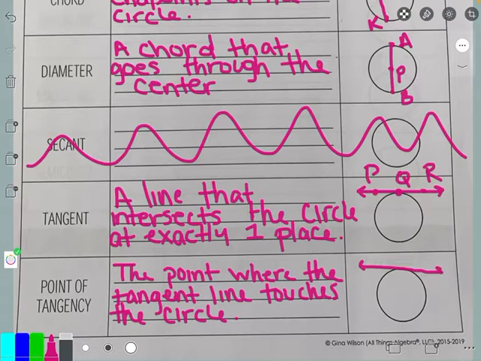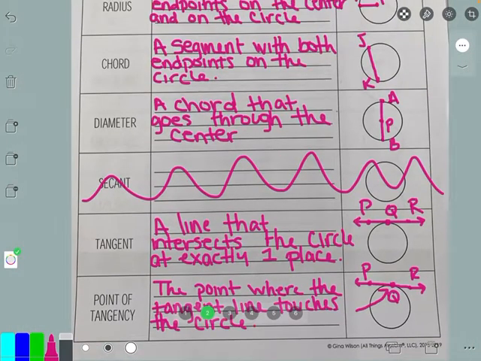So again, there's the tangent, it's a line. The point of tangency is right there at Q. Okay, I'm going to go ahead and move on to the next page, but make sure you're pausing as you need.